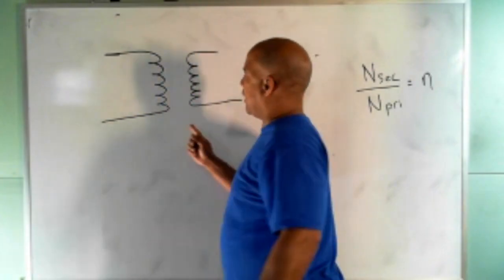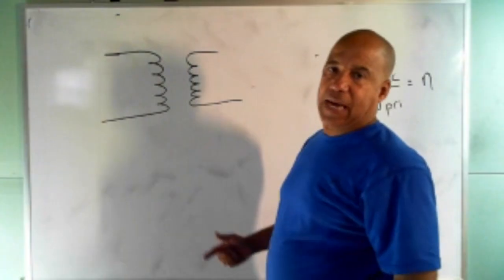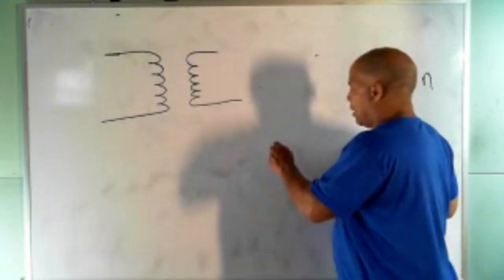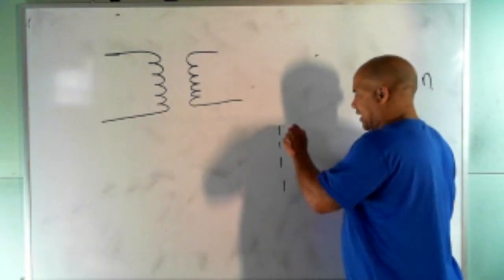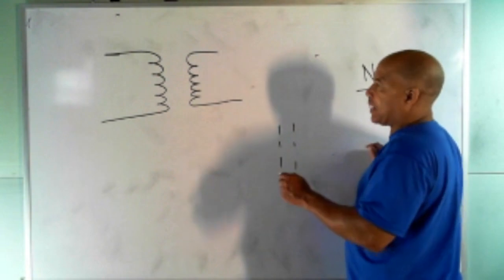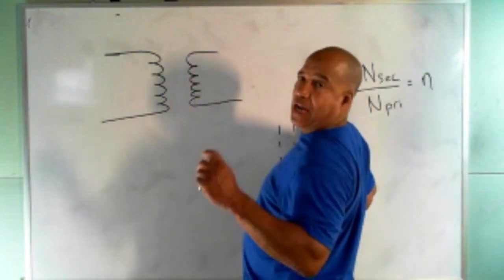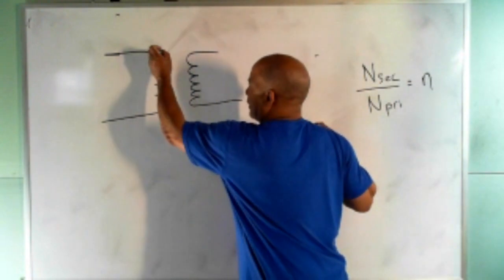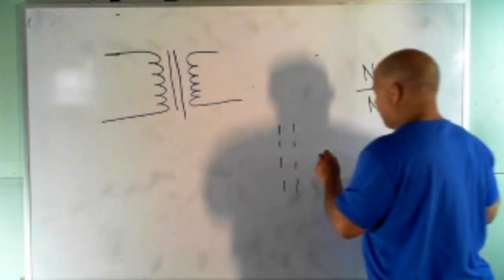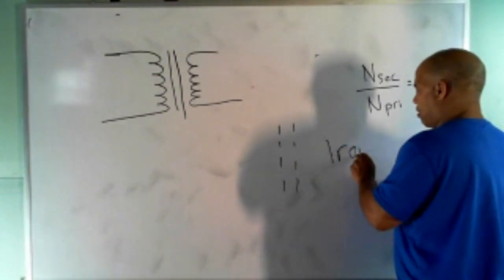Usually, if you show nothing in between, that means you have an air core. If you show dotted lines like this, I think it's called a ferrite core. I might not be pronouncing it right. But what we're interested in is these 2 solid lines like this, and that means you have an iron core.